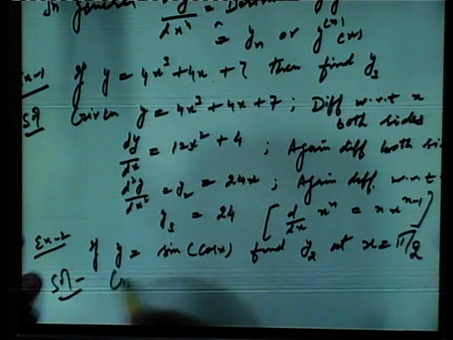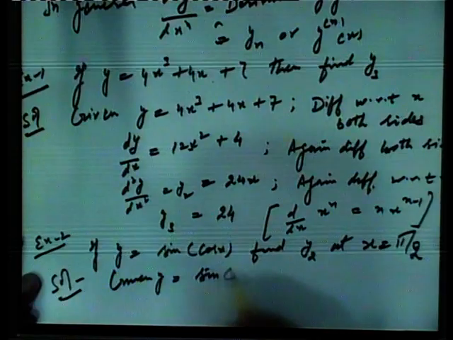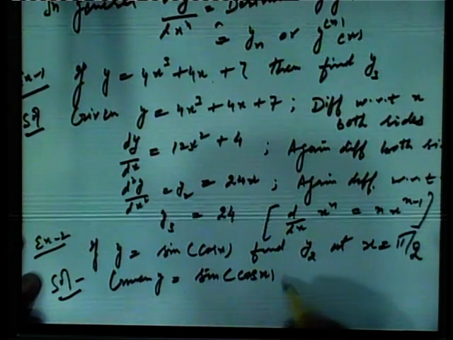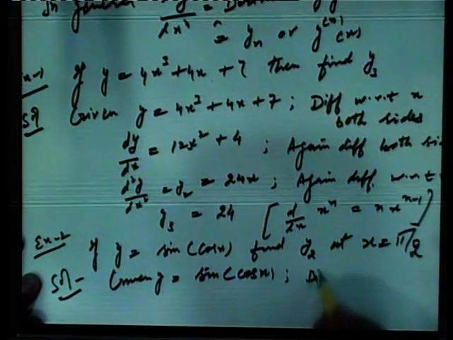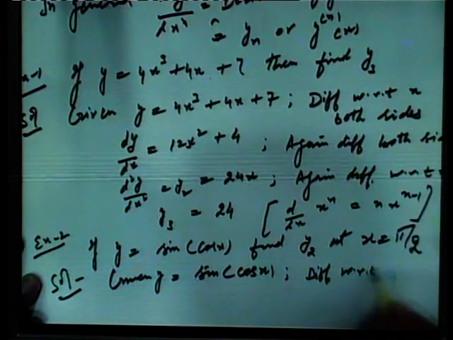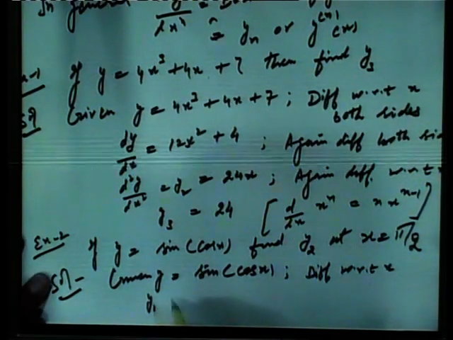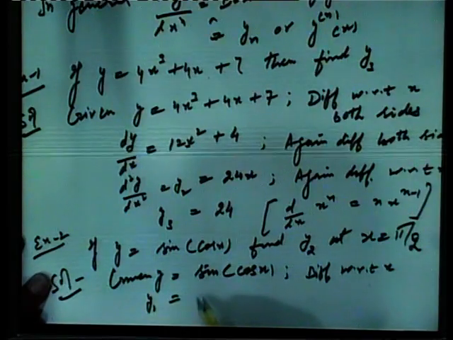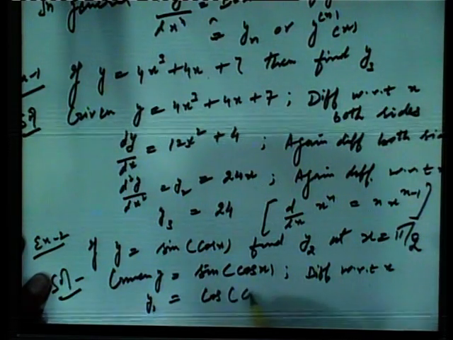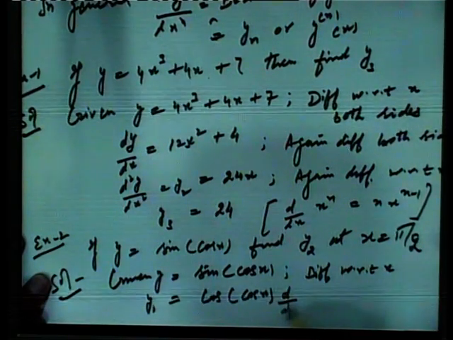So, given y equal to sine of cos x, you differentiate with respect to x. y1 is equal to d dx of sin x is equal to cos x into d dx of that angle, that is cos x.